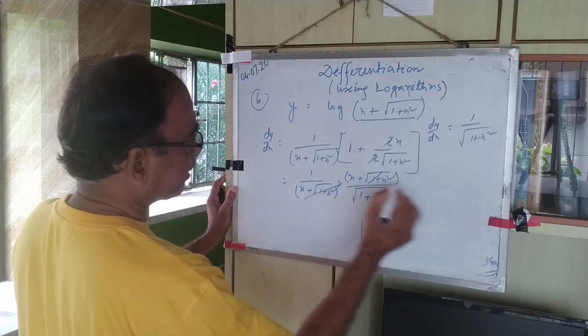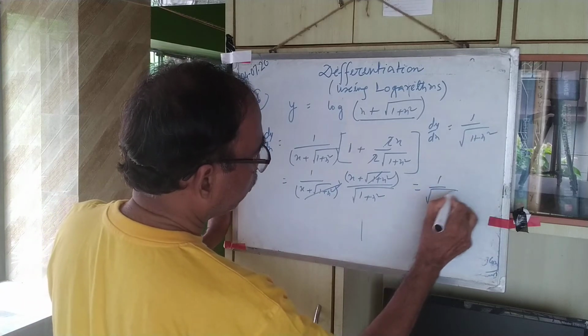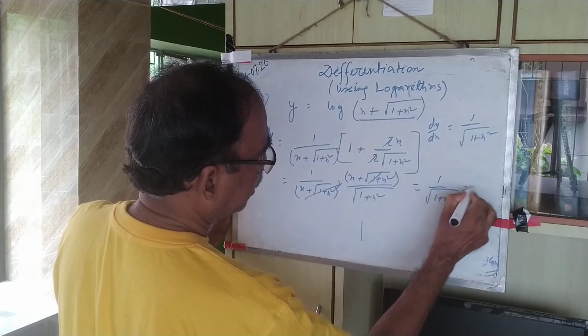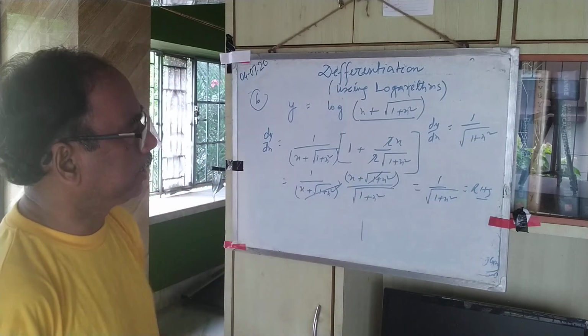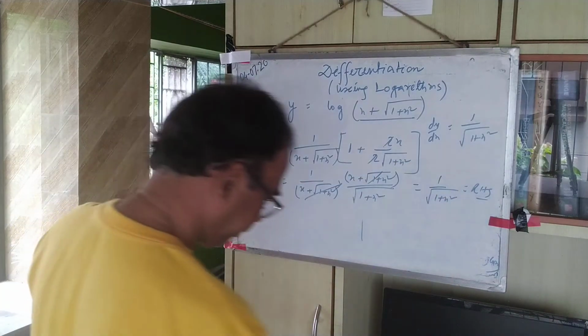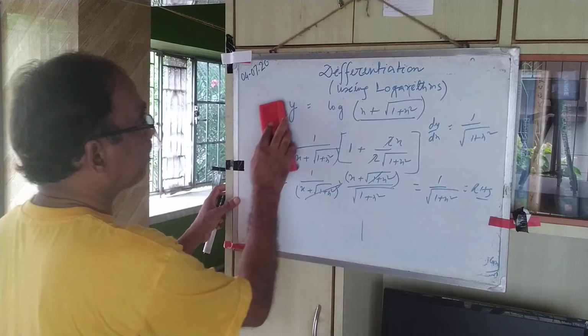Then this and this cancel, that is 1 by root over 1 plus x square, which equals the right hand side. Dy by dx is this. Next one, sum number 7.